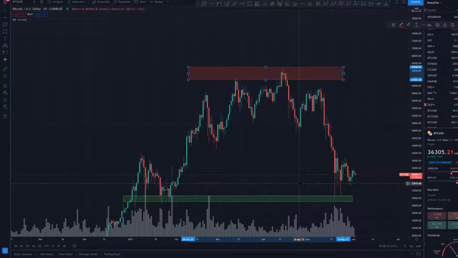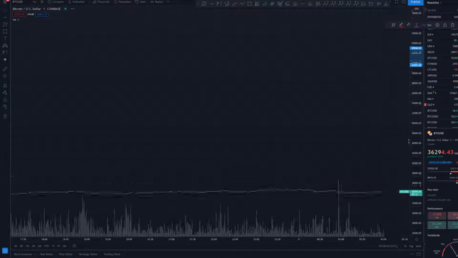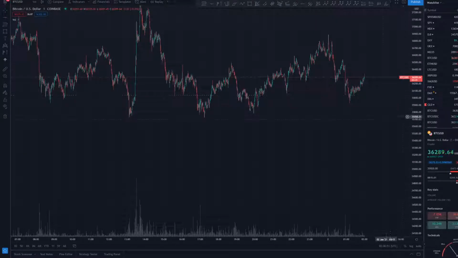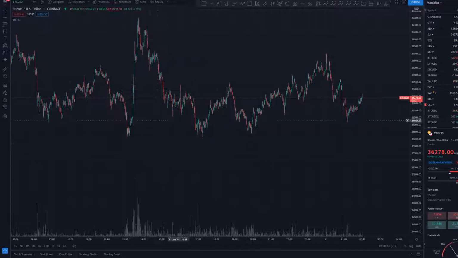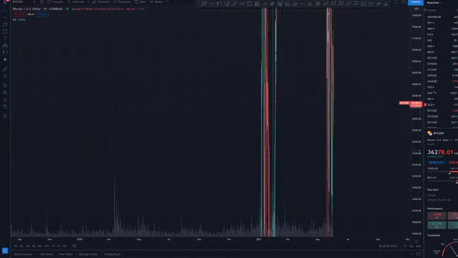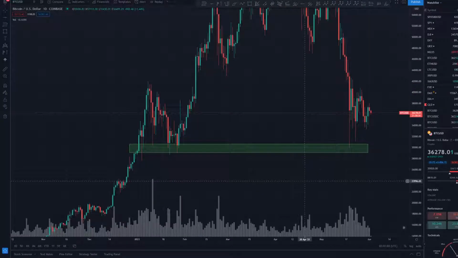The higher the time frame, the stronger the support or resistance. If we zoom down to the 1 minute chart, we have support around this level, but this support won't be as strong as on the 1 day chart.